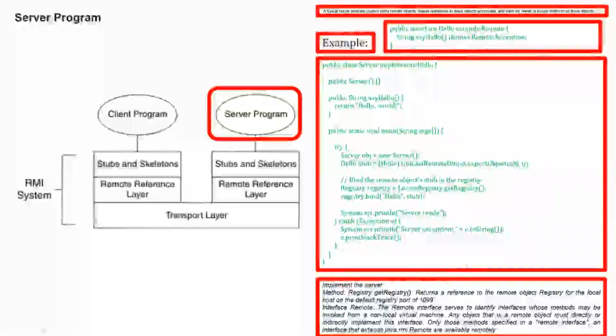As an example, we can consider these code segments to implement the server. A remote object is an instance of a class that implements a remote interface.